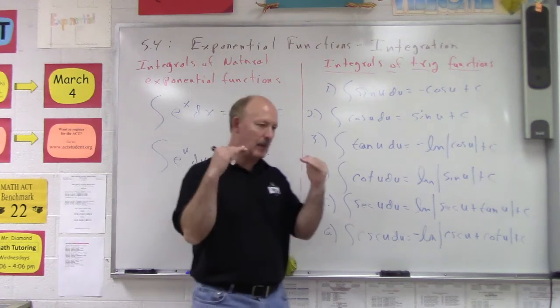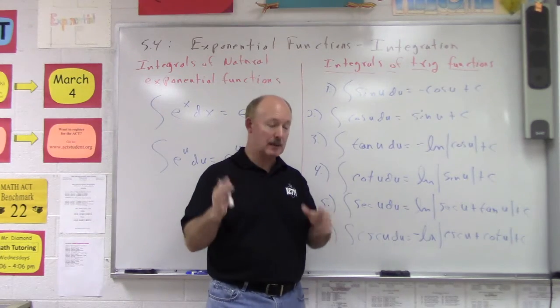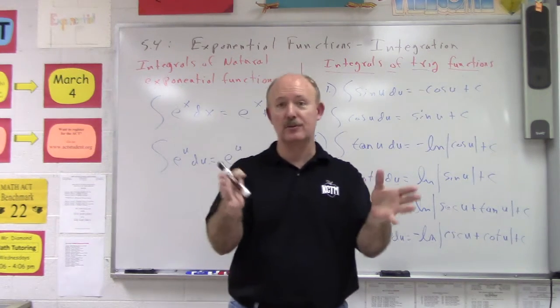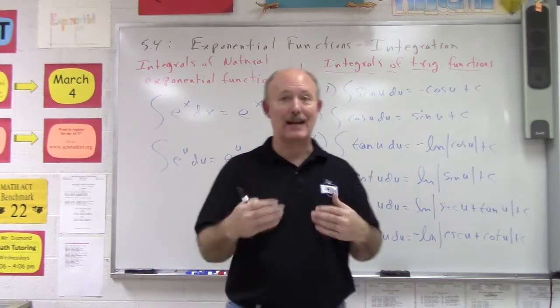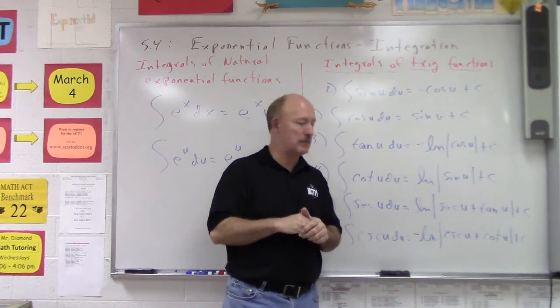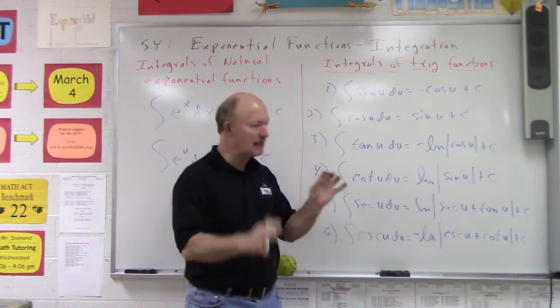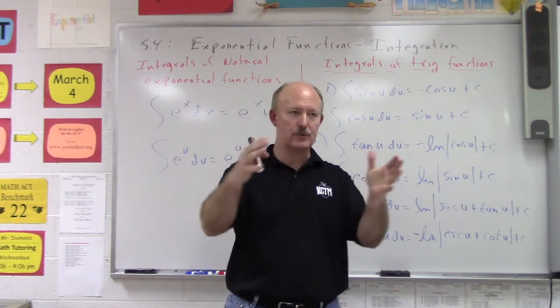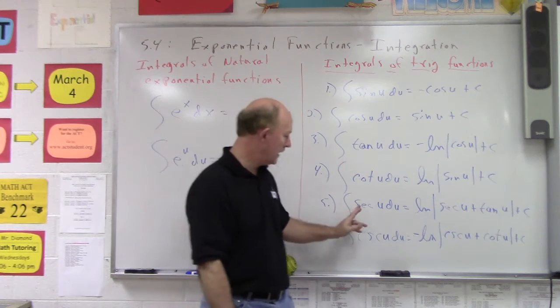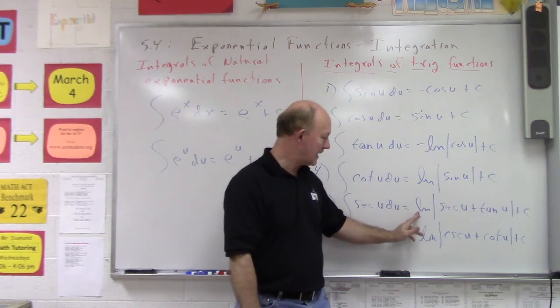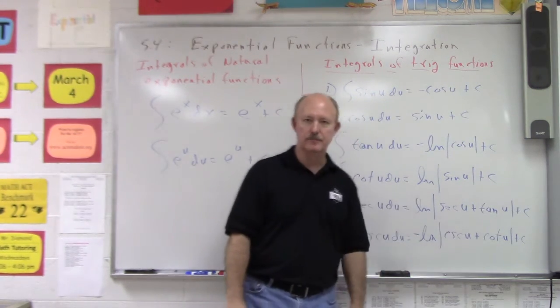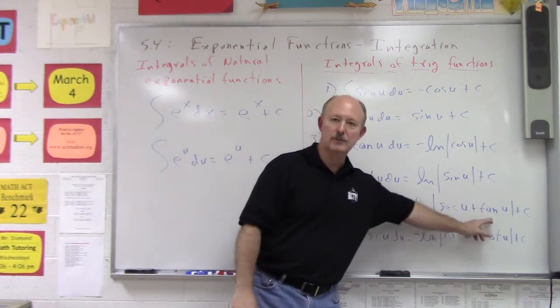Here's an easy way that I memorize these. I can remember in college, when I took my first calculus class, trying to memorize this stuff. The antiderivative of secant, I knew it was a natural log of something plus something: secant plus tangent.